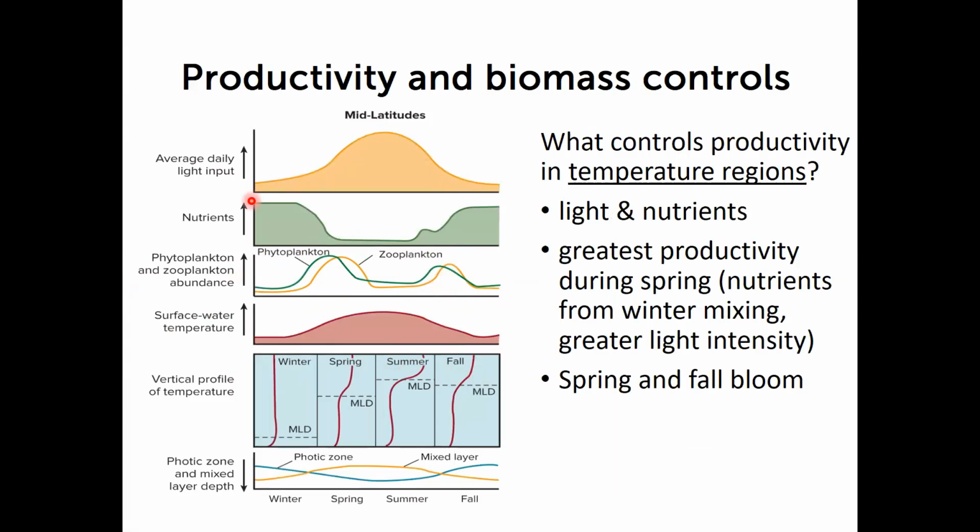So the spring bloom has all these nutrients that have been mixed up throughout the entire winter. We get a little bump in nutrients around fall due to the mixed layer beginning to deepen again. So the surface water is getting colder, mixed layer is deeper, we have a little bump in nutrients and still enough sunlight to have a fall bloom.